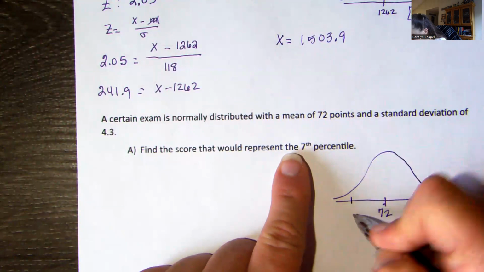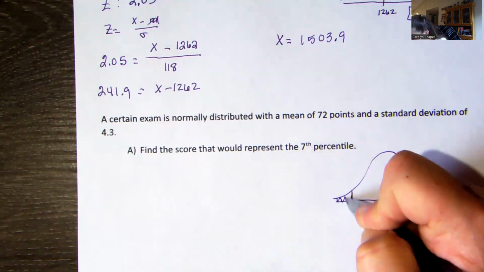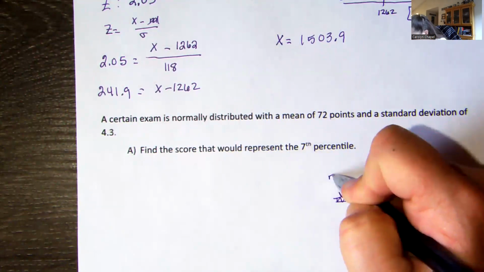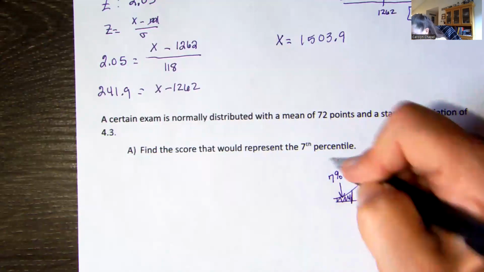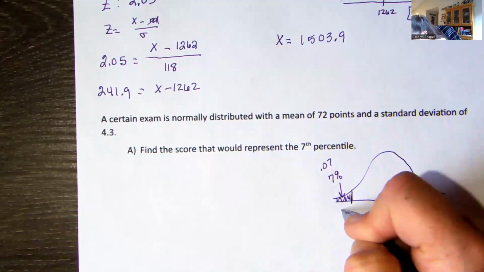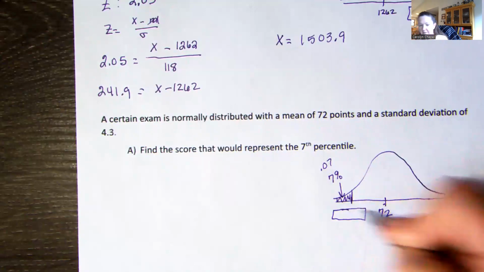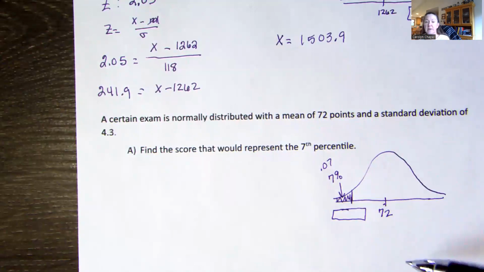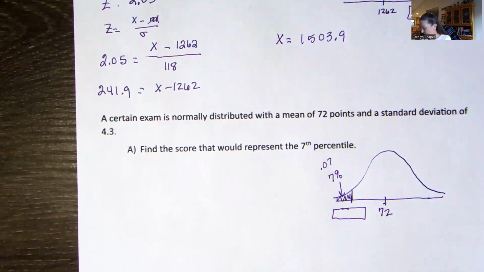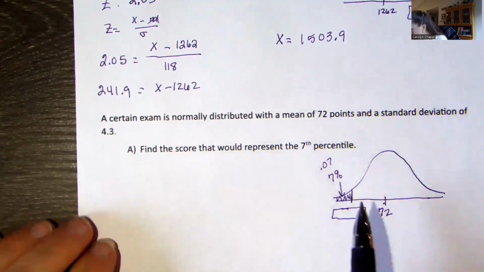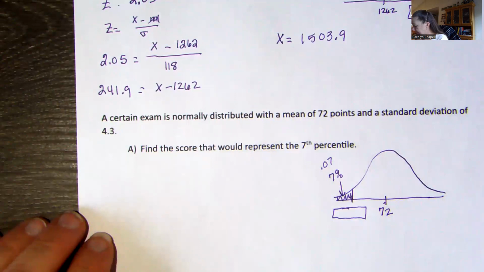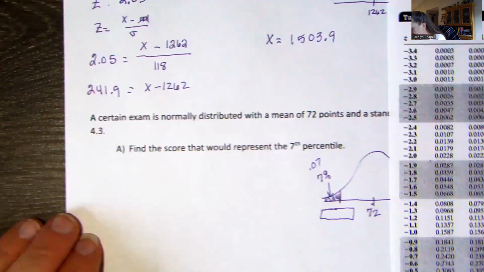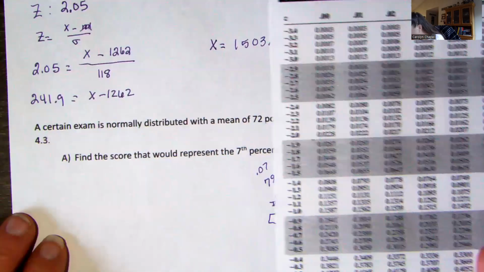So somewhere over here, where this is 7%, or 0.07. And we're looking for our score. So we will be doing a similar process that we just did. Which means we're going to be on that negative side, and we're looking for that 0.07.